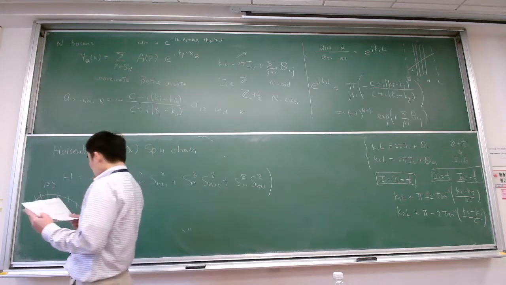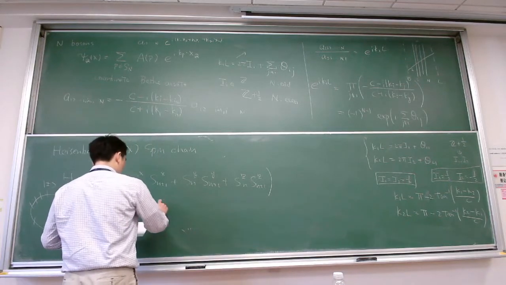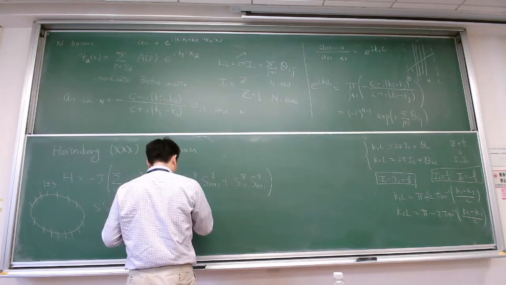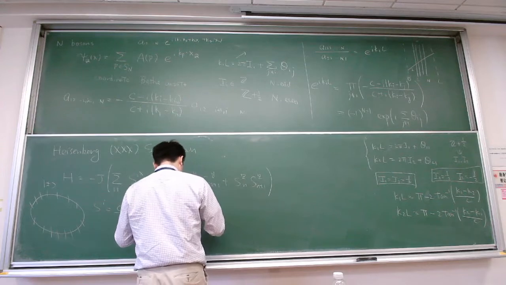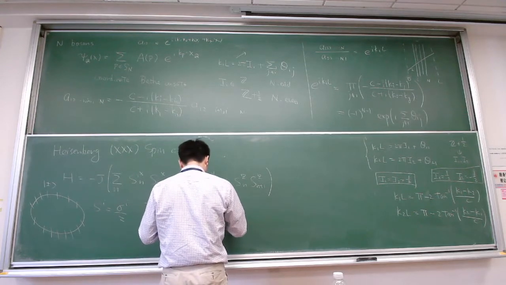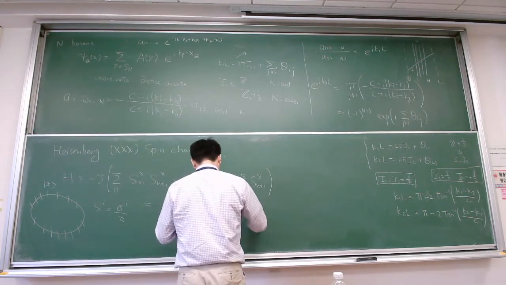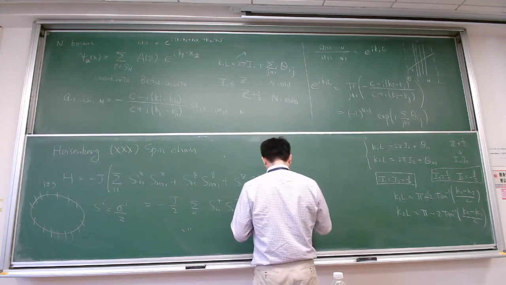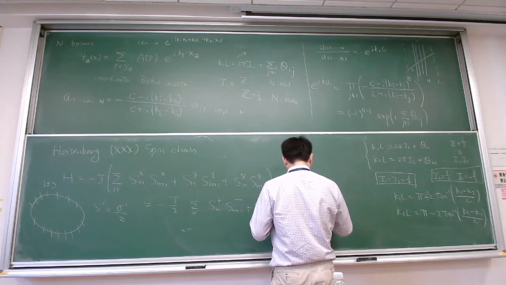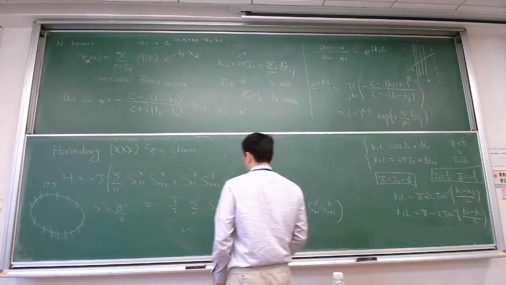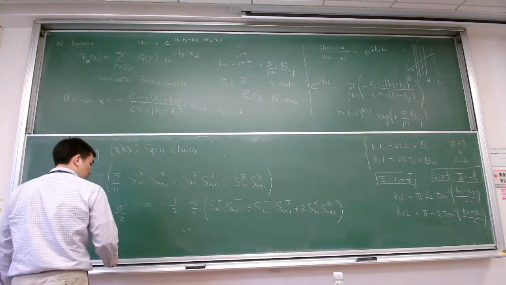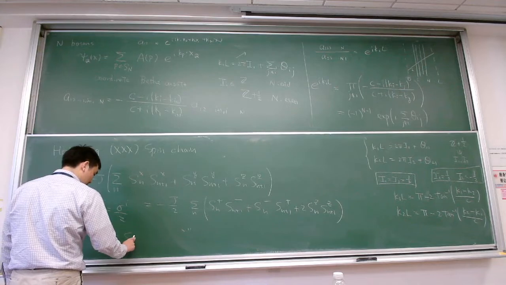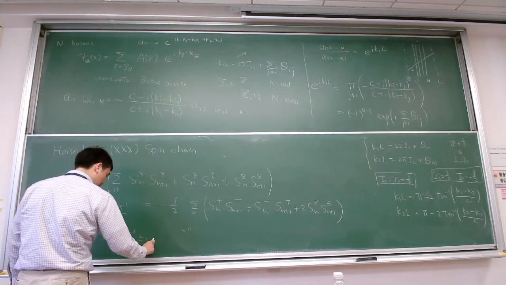And this can be written as H equal to minus J over 2 sum over n of (S^+_n S^-_{n+1} plus S^-_n S^+_{n+1} plus 2 S^z_n S^z_{n+1}), where S^± is Sx ± i Sy.